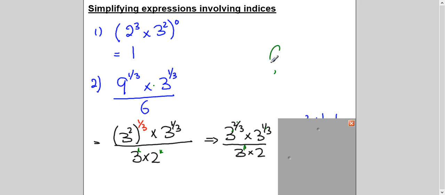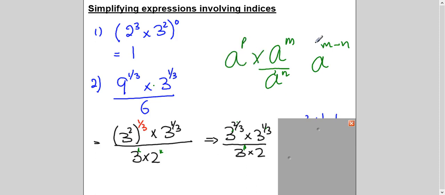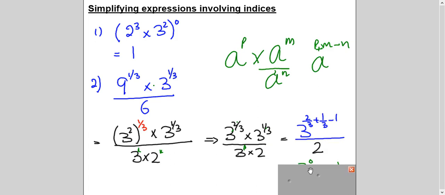Because we have learned in the rule, if we have the same base but there is a division sign, then powers are subtracted. And where you have multiplication, you add powers. So this is what I have done here in the numerator, and 2 will remain there in the denominator.